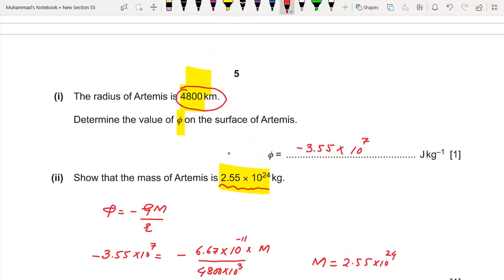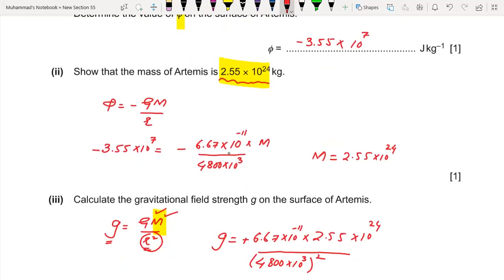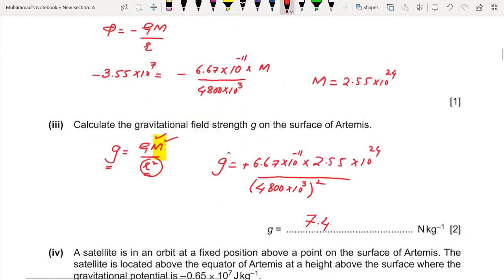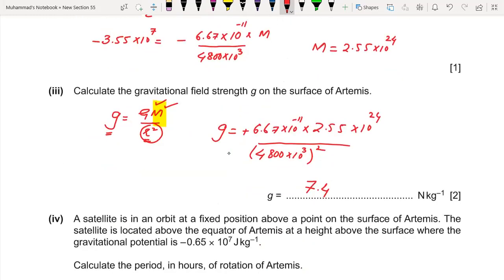You can see the mass is given in three significant figures, but for the radius you can treat the last two zeros as significant or not. So this can be taken as two significant figures or four significant figures. Mostly it is in two significant figures, so we have to convert this g into two significant figures.